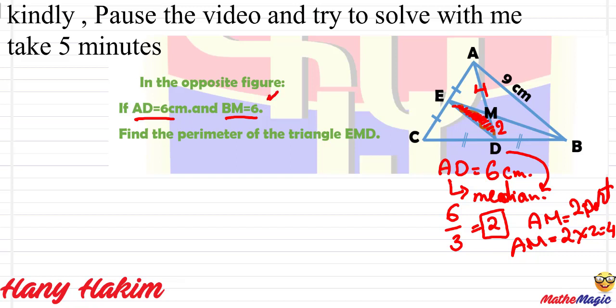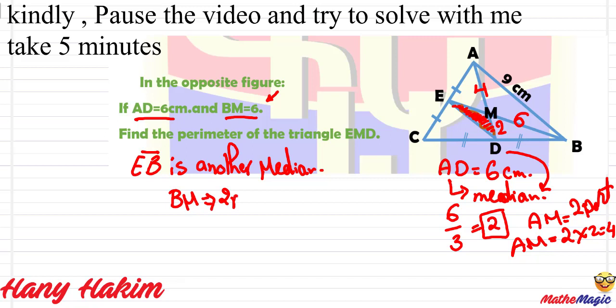He gave you another part, BM equals 6 centimeters. Once we have EB, it is another median in the same triangle, and BM represents two parts of our ratio.